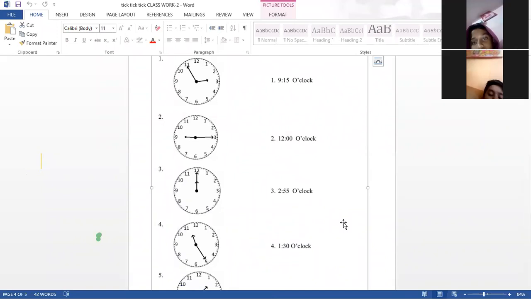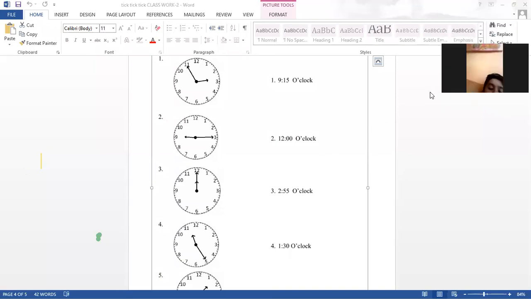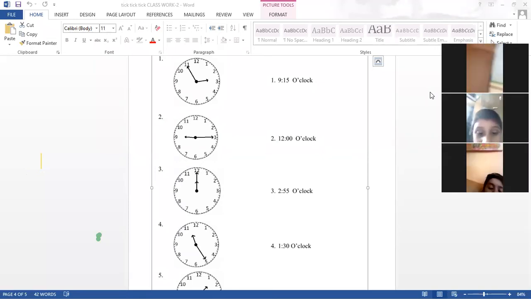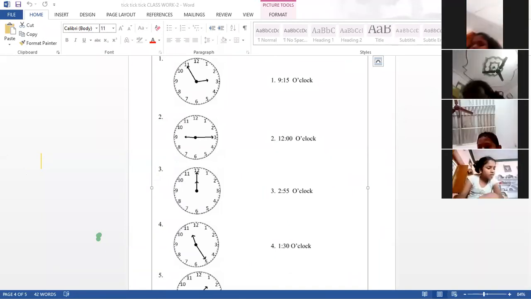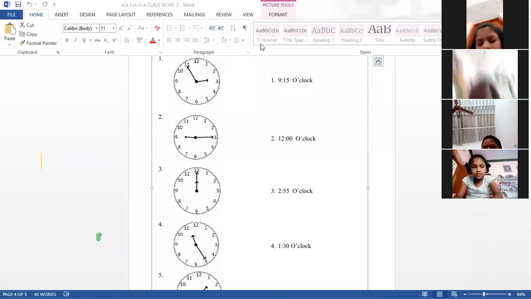You have to match the following. Sri Charan, your video is off. Ritvik Balaji, your video is off. Avilash, video is off. Yeah, match the following.